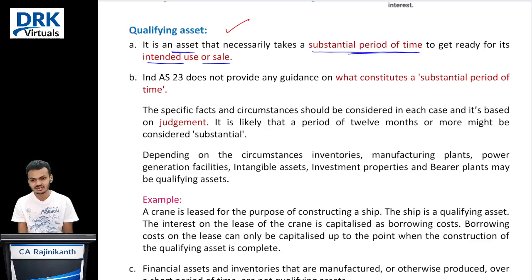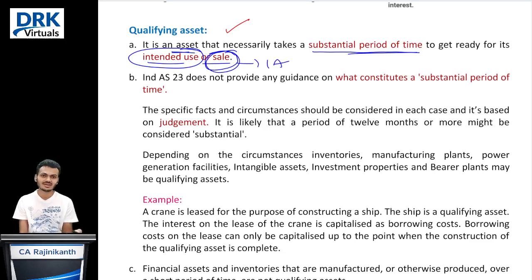In this definition, there is a word called sale. It means an asset that necessarily takes a substantial period of time to get ready for its intended usage. Usage means it is our own asset, where we don't have any doubt. For sale means it is the inventory. If inventory takes a substantial period of time to get ready for its intended sale, that can also be a qualifying asset.